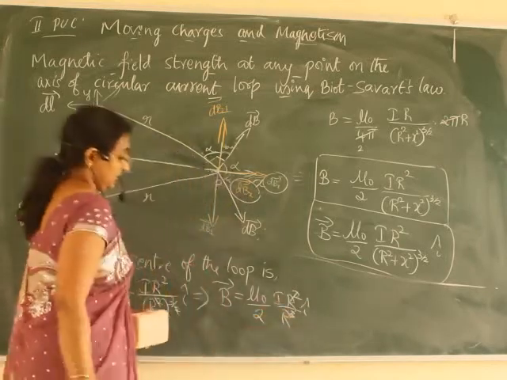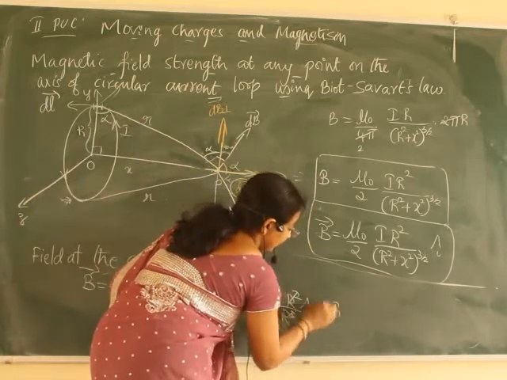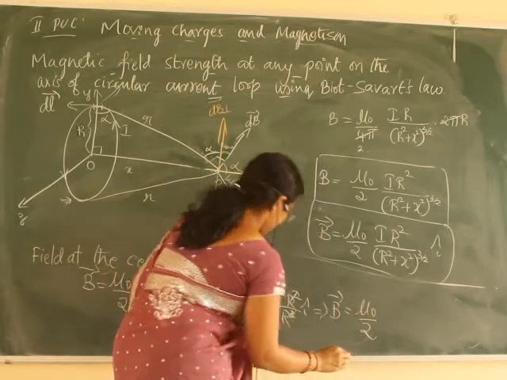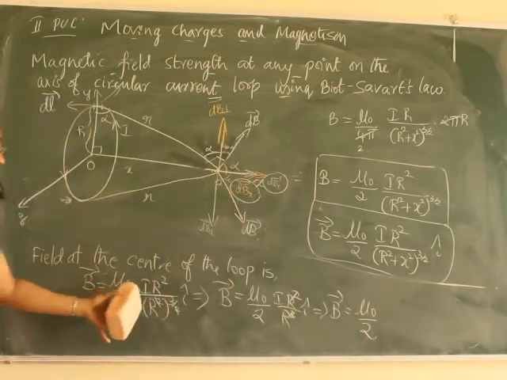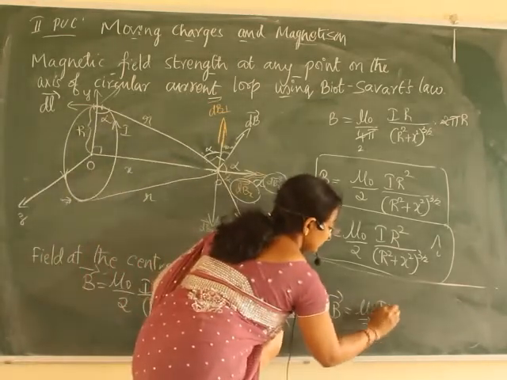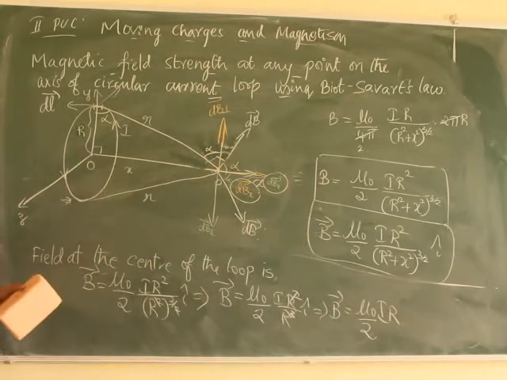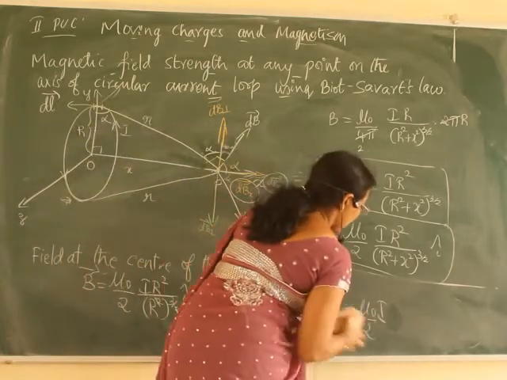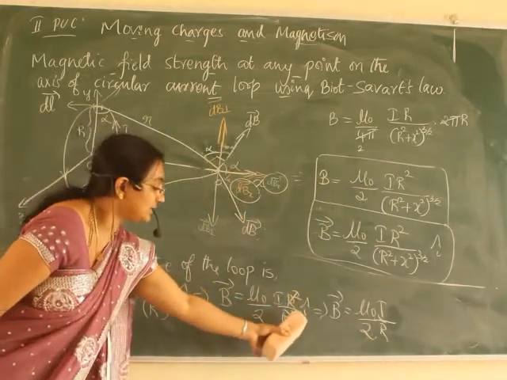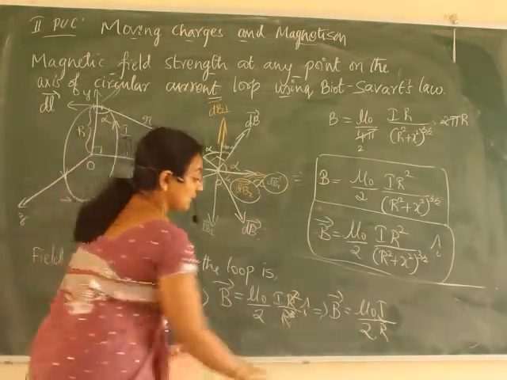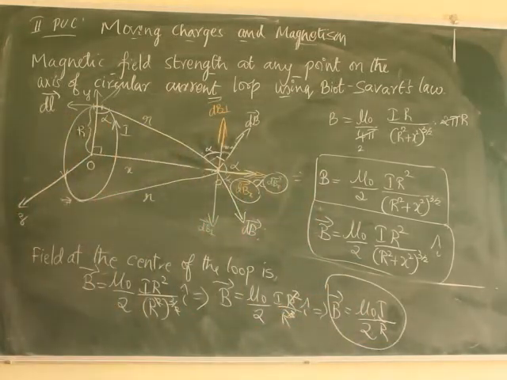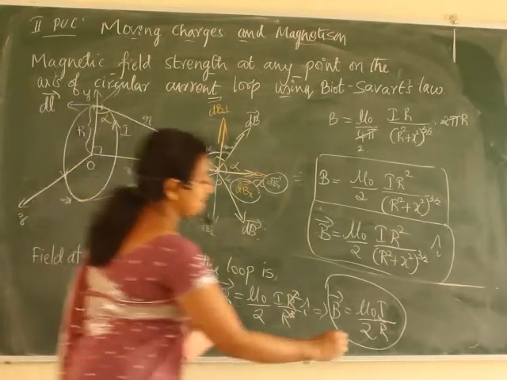Therefore B vector is equal to mu naught I by 2, sorry, mu naught I by r, because 1 r, 2 r's and here 1 r, it will get cancelled. So what is remaining? B vector is equal to mu naught I by 2r into I cap.